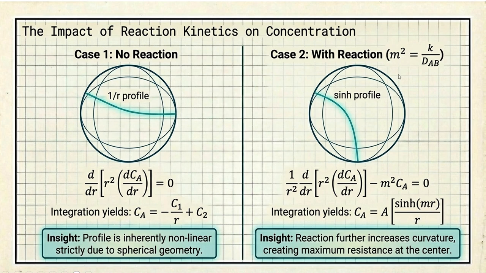Again, m here would be m is equal to under root k by DAB, or m square is equal to k by DAB. The reaction further increases curvature, creating maximum resistance at the center of the curvature. So at the center of this spherical particle, the resistance for diffusion would be maximum in case of with reaction.